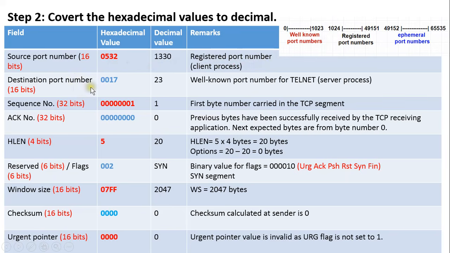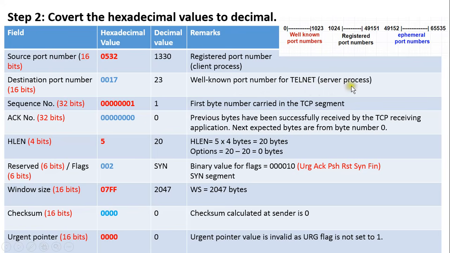The destination port number is 0017 in hexadecimal. In decimal it is 23, and this 23 port number belongs to the well-known port numbers from 0 to 1023. It is used by a well-known application called Telnet, which is used for remote login, and Telnet is a client server application. So this port number 23 is allocated to the server process over here.